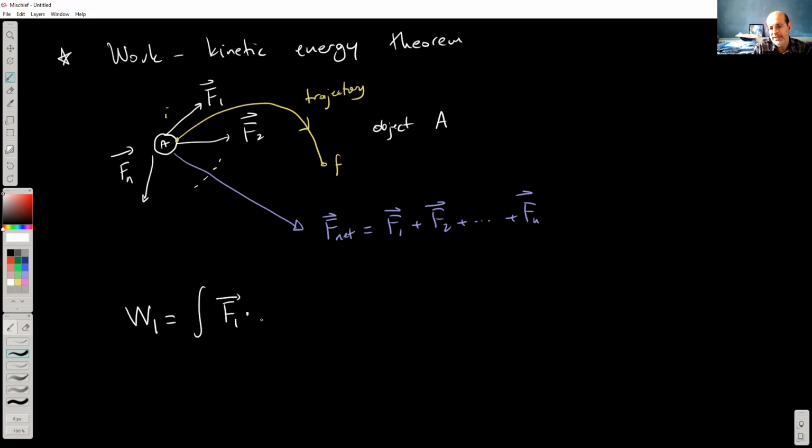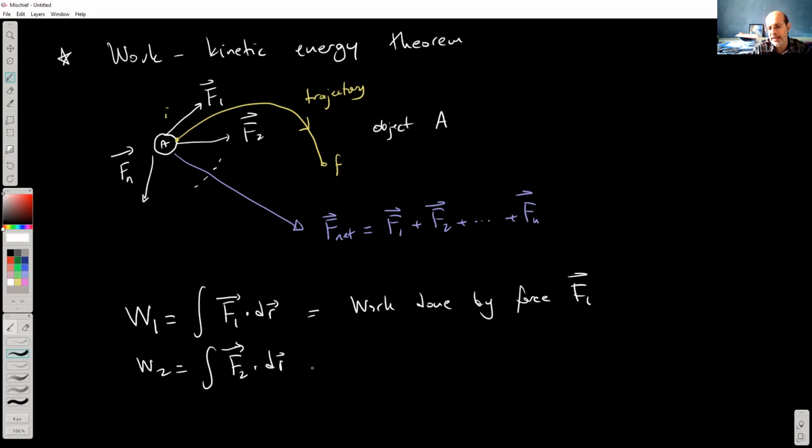So if I want to compute the work done by the force F1, all I need to do is to evaluate this integral. We are not going to evaluate it. So that's the work done by force F1, and I can continue with this. I can compute the work done by each force separately, so I'm going to compute a separate scalar quantity for each force.